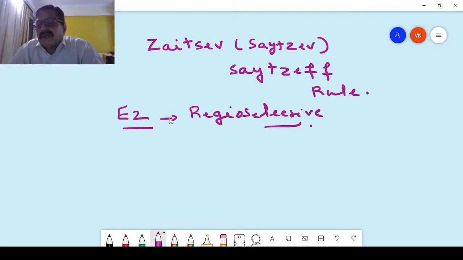So the stability of the transition state increases by adding R groups, and it lowers the energy of the transition state.